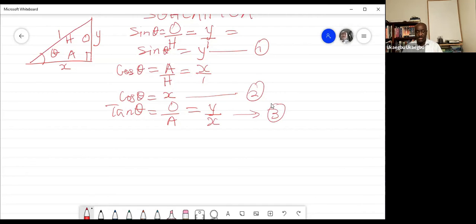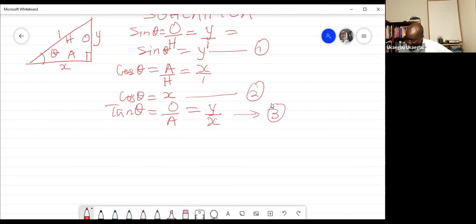Now, let's bring all these 3 equations together because they have things in common. So let's bring all of them together in terms of the angle, thereby eliminating the side completely. All right, so now we can see that equation 1, y is equal to sine theta.